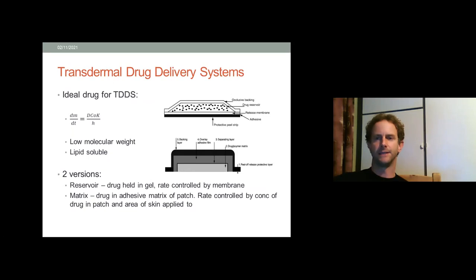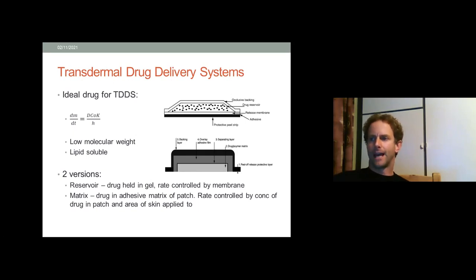In the reservoir system, there's just a gel of drug with an overlying membrane which controls the release of the drug, and a matrix system where the drug is interwoven within the actual matrix, so the adhesive part of the patch. The matrix tends to be safer because with the reservoir, if you cut that membrane, you can have a bolus of drug. And there's also been cases where patients have aspirated the drug reservoir and then injected it from the reservoir medications.